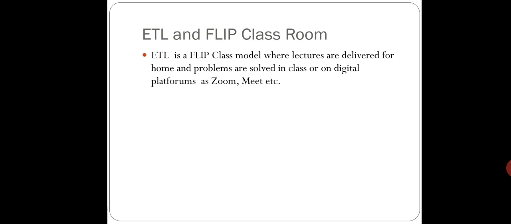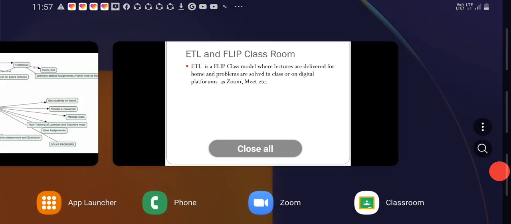Let us have a look at the flip classroom model. Classroom can be traditional, it can be flipped. Flipped classroom can be an anywhere, anytime classroom. And learners have full flexibility to participate in the learning process. Teachers have flexibility to participate. It does away with the constraints of space and timing.